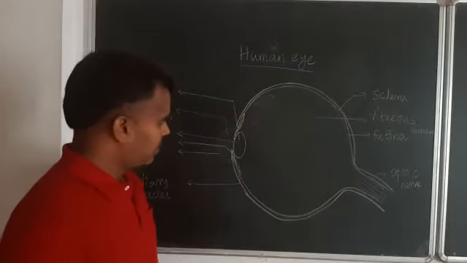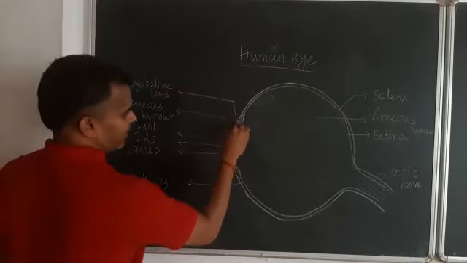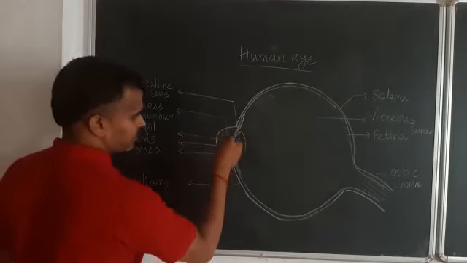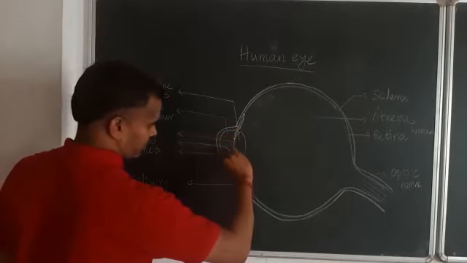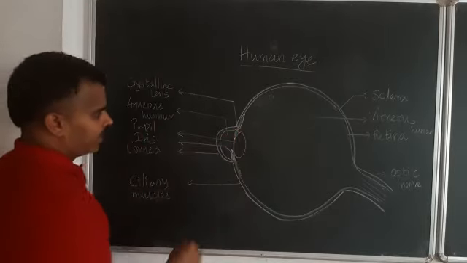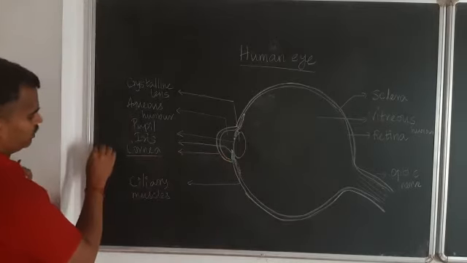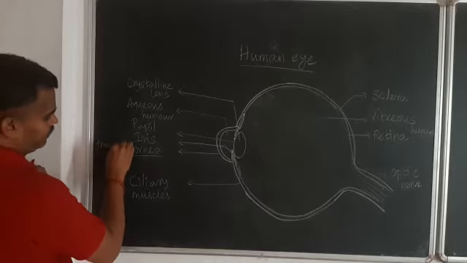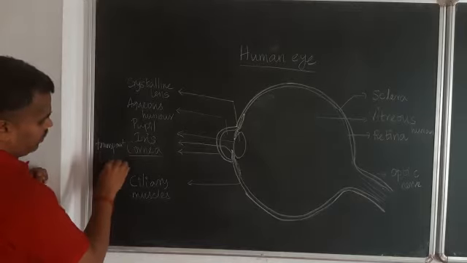In this part I make a bulge outwards, and for the second one also I bulge outwards. This outward bulged part is called the cornea. It is transparent and bulged outwards in our human eye.